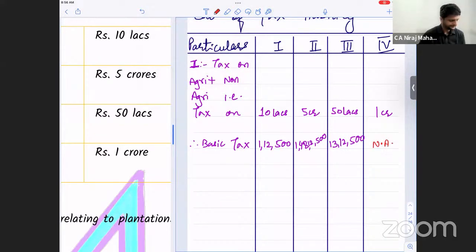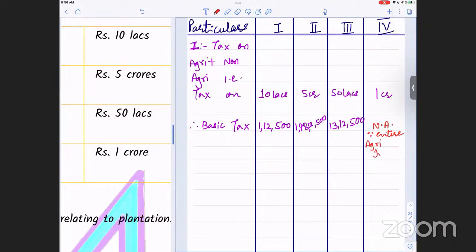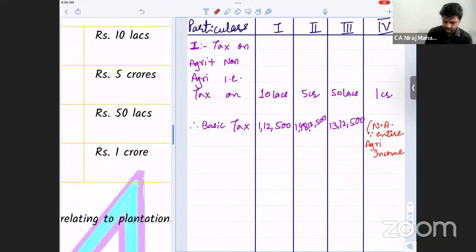I'm writing not applicable for the fourth case. Why? Since it is entire agri income. Very good. Is PIS, the partial integration scheme, applicable there? No. Fine, we'll go ahead, everybody.